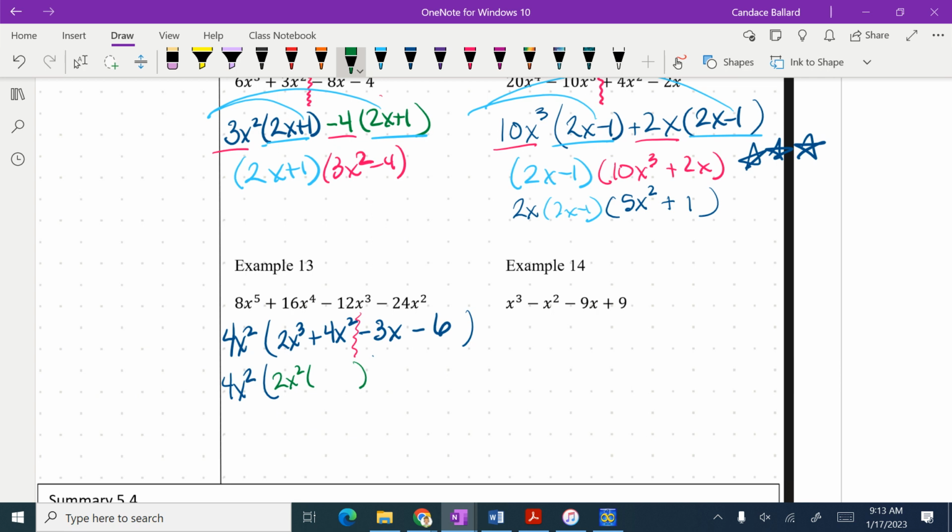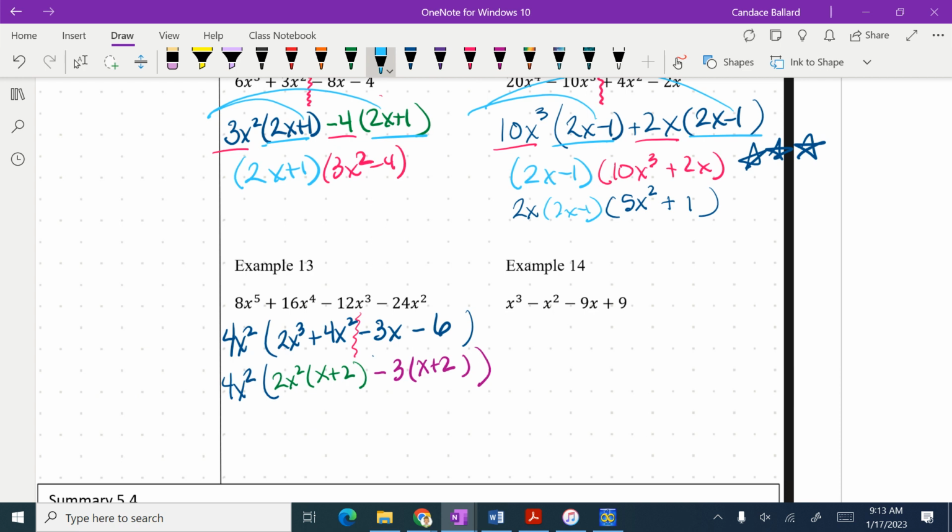When I divide by 2x squared, what's left behind? X plus 2. Good. Looking at the second group, what am I going to take out? Negative 3. Good. What's left behind? X plus 2. What do you know? It matches, right? It's like a big surprise every time.